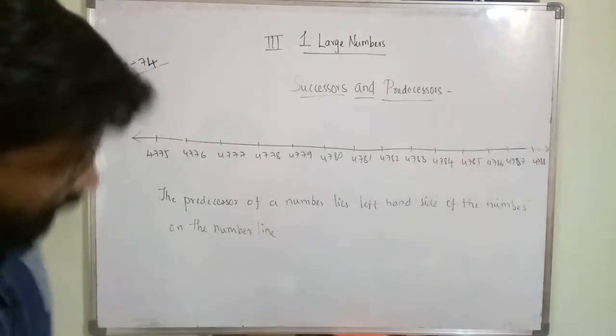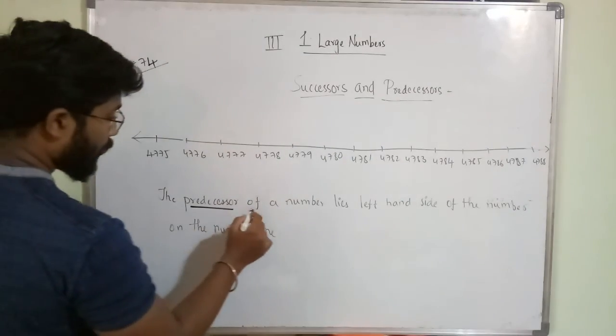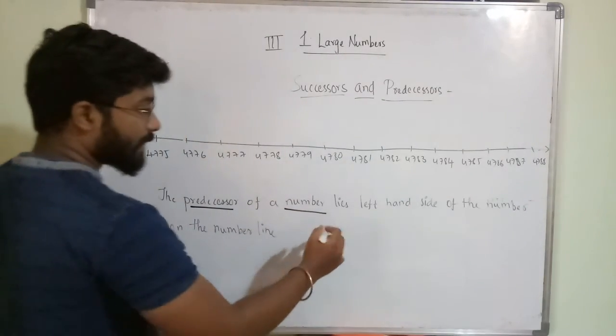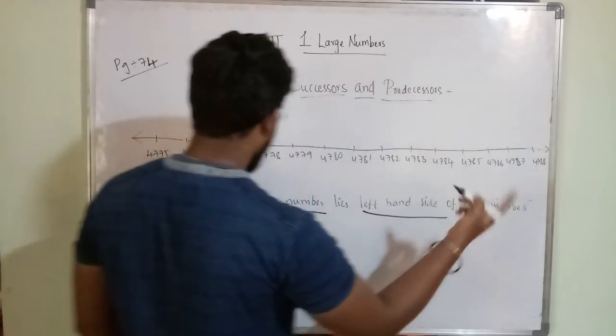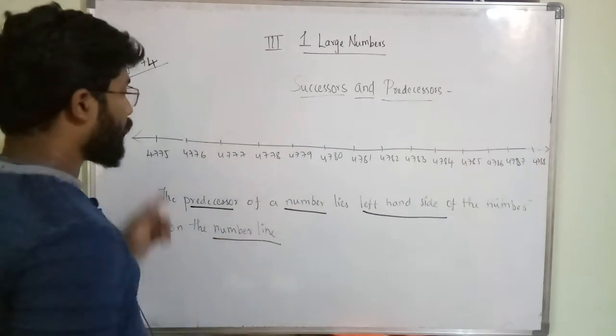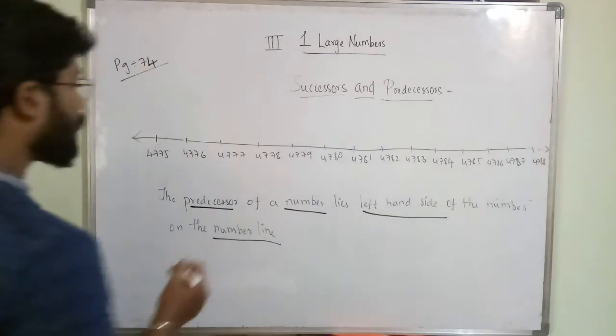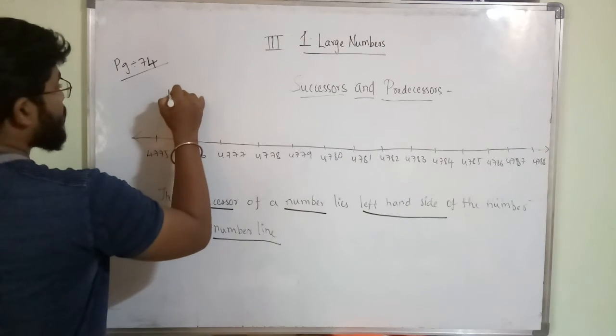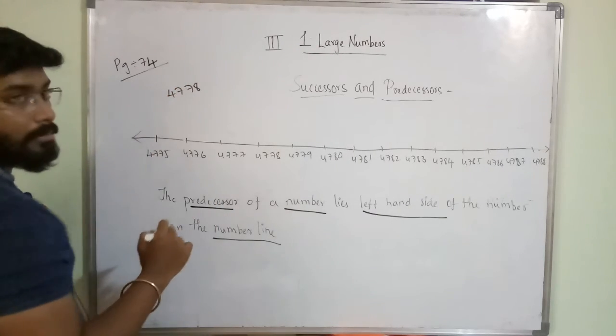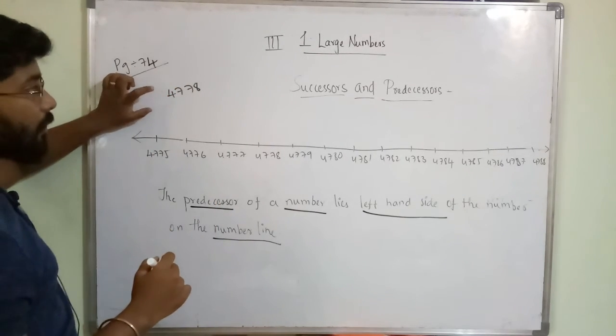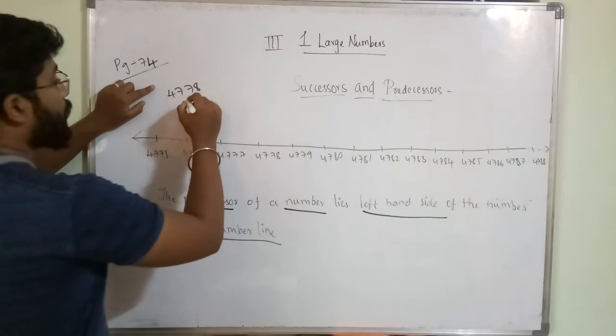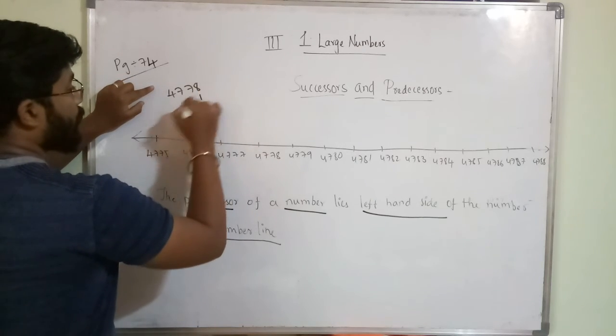So what he is telling, the predecessor of a number lies left hand side of the number on the number line. On the number line, if I want the predecessor, so 4778 is there. I want the predecessor for 4778. So to get the predecessor, what we have to do? I am doing -1.